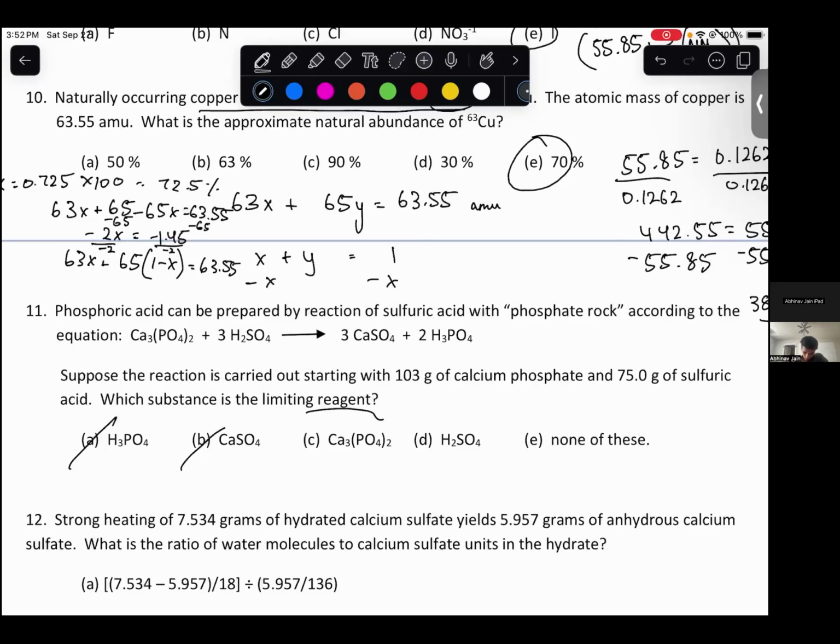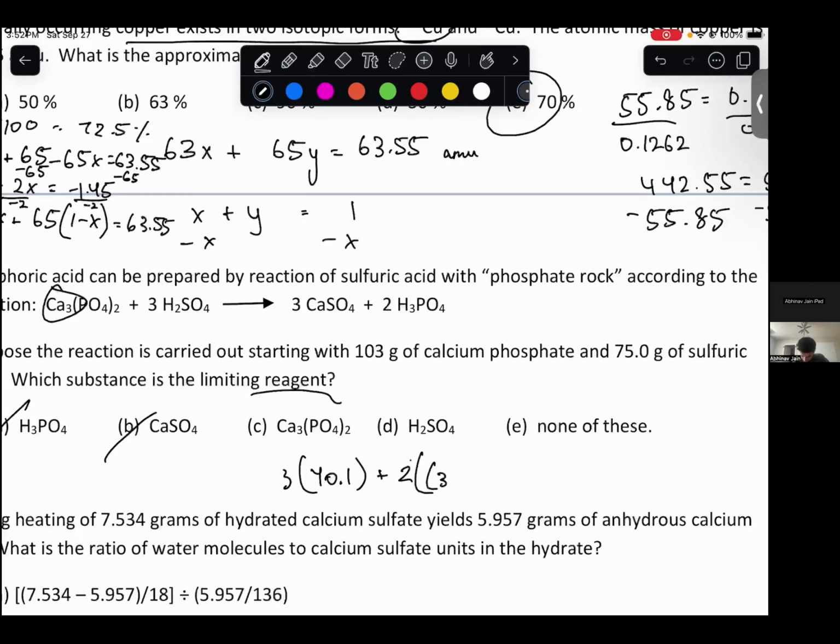So let's quickly calculate the molar masses of calcium phosphate and sulfuric acid. Calcium phosphate, that's 3 calciums, so that's 40.1 per calcium, so 40.1 times 3 plus phosphate. There's 2 phosphates, and then phosphate is going to be 30.974 for the phosphorus plus the 4 oxygens. So it's 4 times 16.